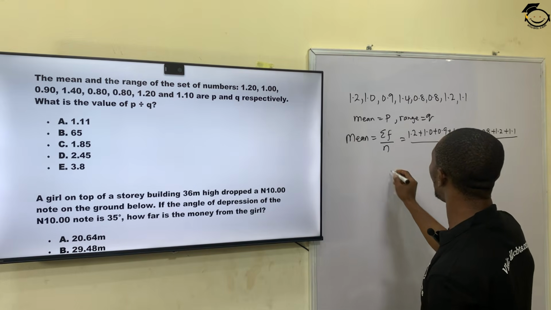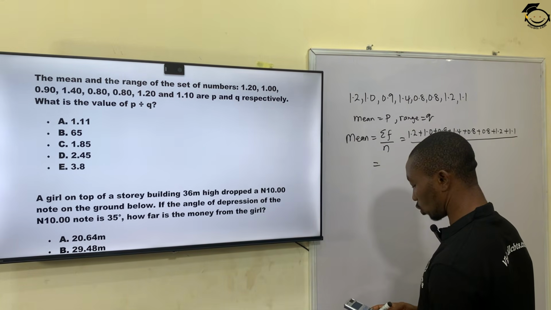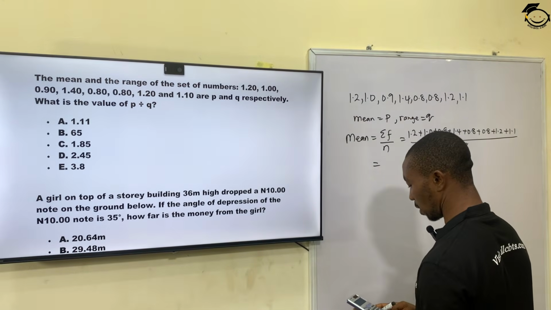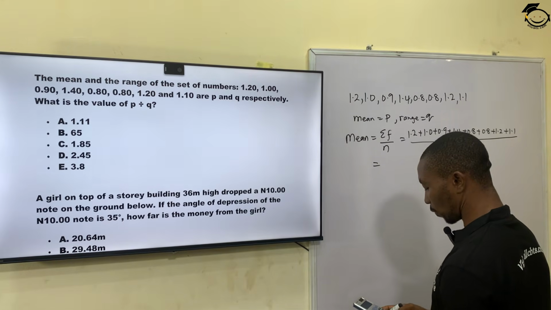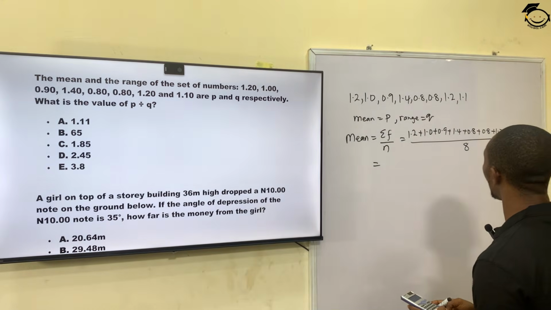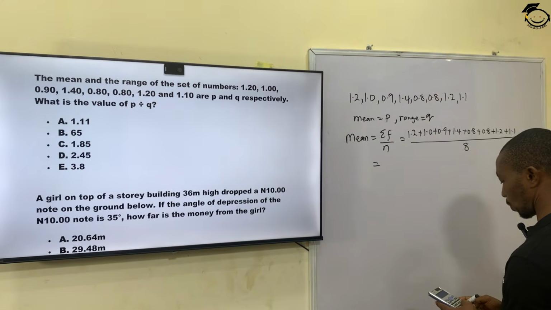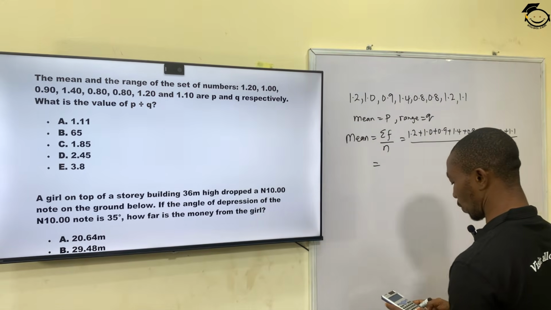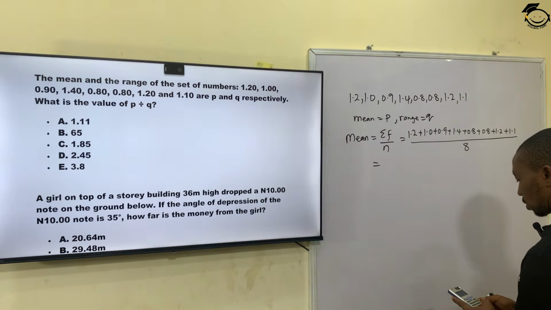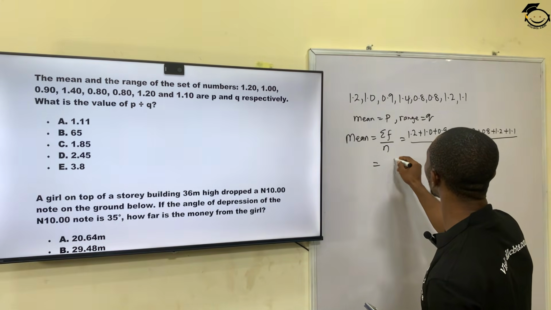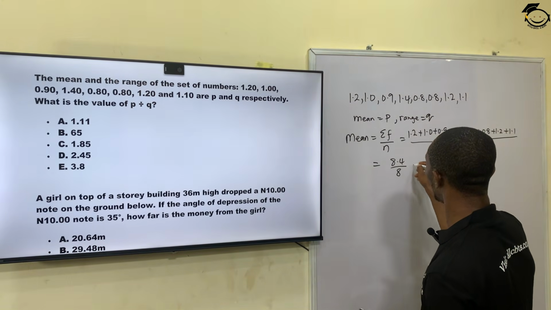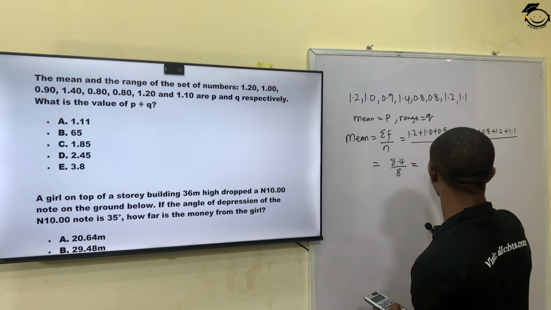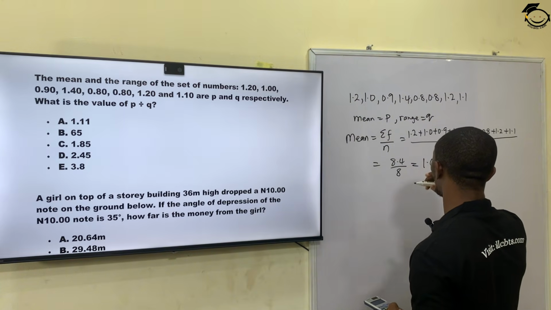Now, the sum gives us 8.4. 8.4 divided by 8 would give us 1.05. So that's our mean.